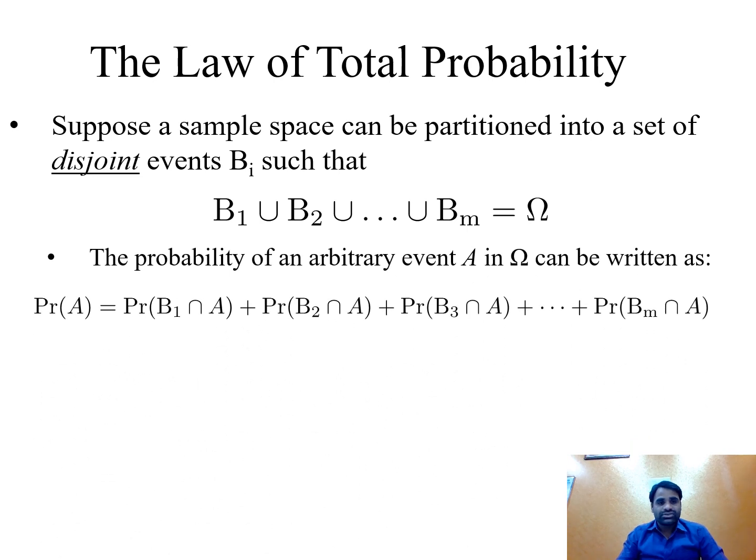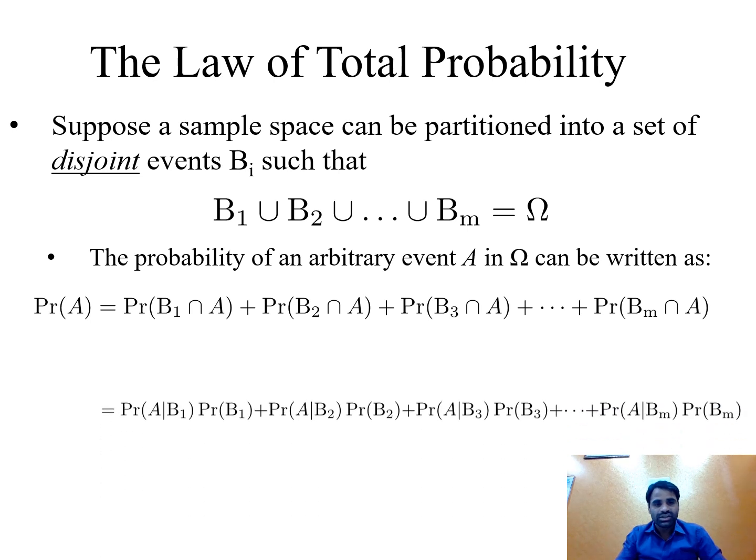Okay. As we discussed, the probability of an arbitrary event A in the sample space can be written as probability of A equal to probability of B1 intersection A plus probability of B2 intersection A plus probability of B3 intersection A, and so on up to probability of Bn intersection A, right?